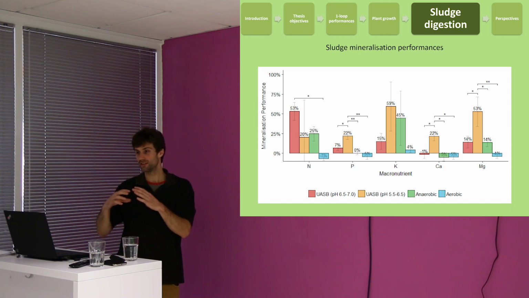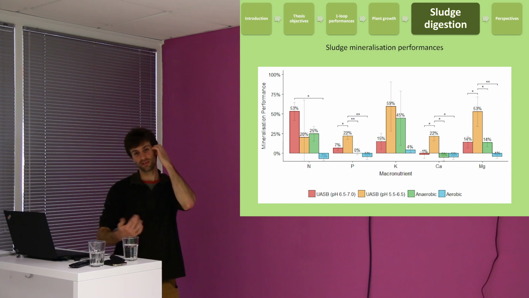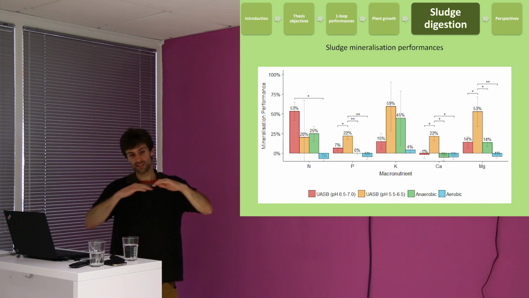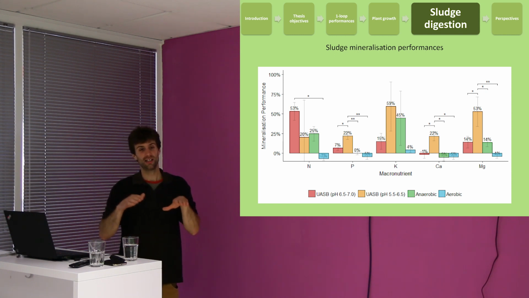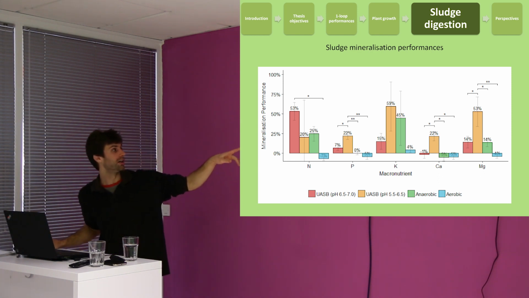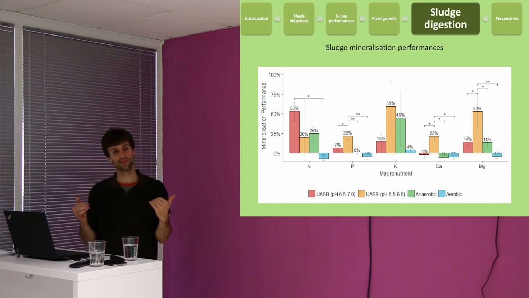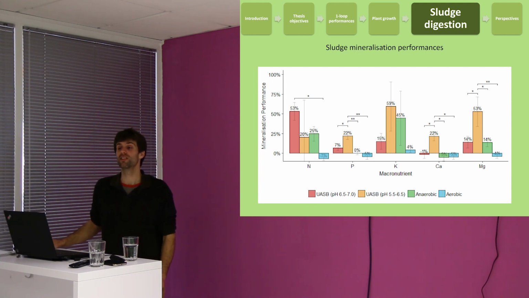At some point, the bacteria that do the next step didn't do their job, so it stopped at this phase. That explains why we had very low sludge reduction, because the digestion stopped. It was like a crash of the process. I don't know, Simon, if you can maybe add something. Well explained. Yeah, crash.